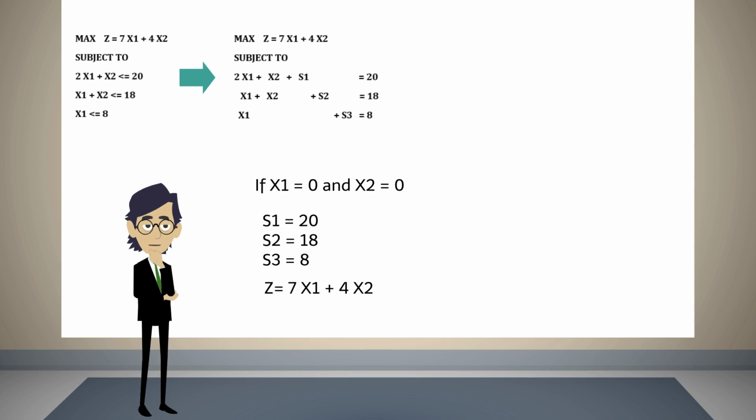Now, we must ask ourselves up to what value we can increase x1. To answer this question, we must observe our constraints. In the first equation, given that the value of x2 is 0, then the equation can be written as follows. And since the smallest value that s1 can have is 0, then the largest value that x1 can take is 10.